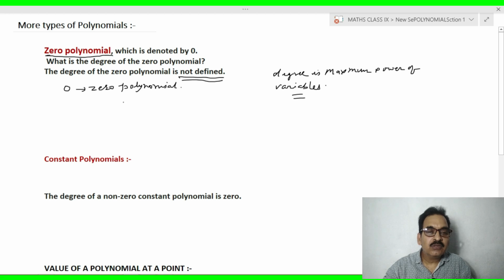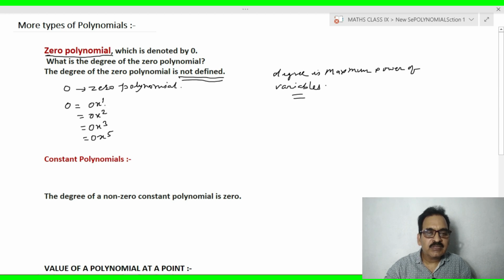Here in 0 you will see that no variable is visible, so we can write 0 into x to the power 1. Also we can write 0 into x to the power 2, 0 into x to the power 3, and similarly 0 into x to the power 5.